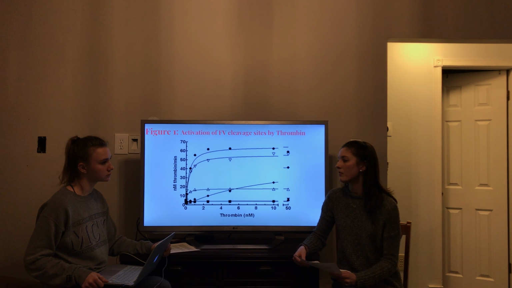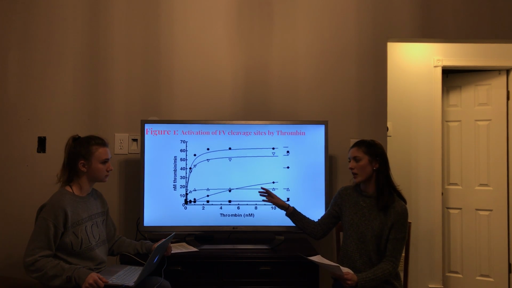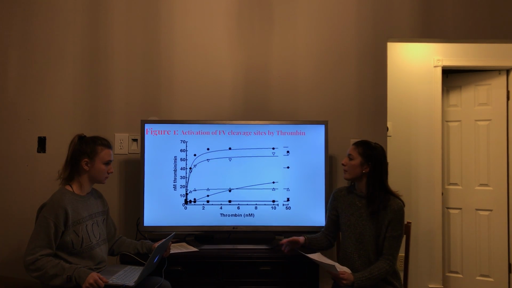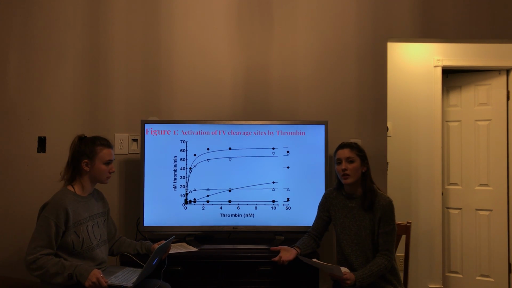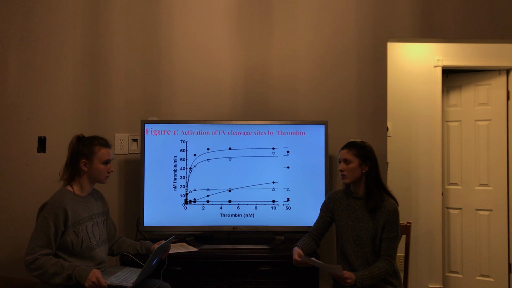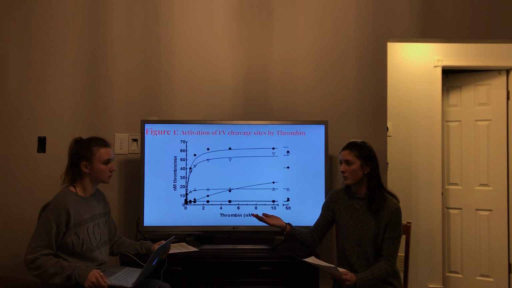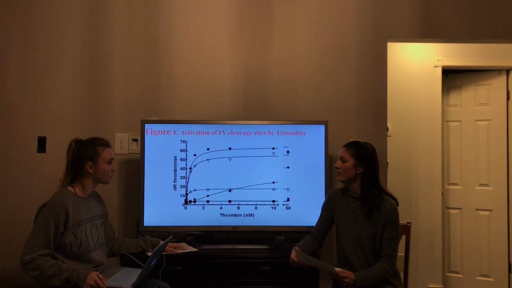This suggested to them that compared to their other variants like QIQ, the RIR variant showed that exosite 1 is pretty specific for that arginine 709, which then led them into their following experiments.